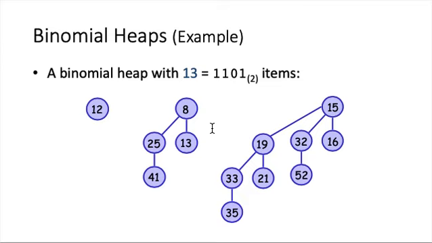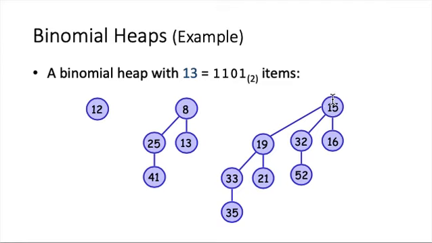The nodes themselves also have to satisfy the heap property, so that each node has a value greater than that of its parent. We assume that all the values in all the nodes are distinct, so there is no equality. So this one has value greater than its parent, and this one has value greater than its parent.